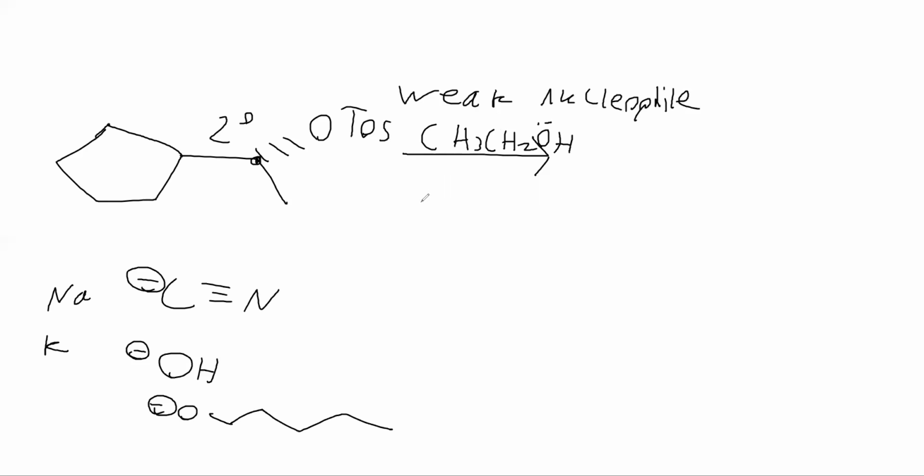And we already discussed in the first parts, this is ethanol, and ethanol is a polar protic solvent, which is good for SN1. So weak nucleophile and protic solvent are both pointing towards this being an SN1 reaction.